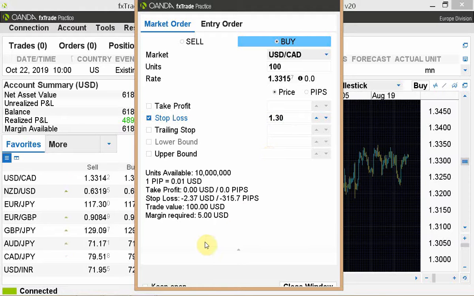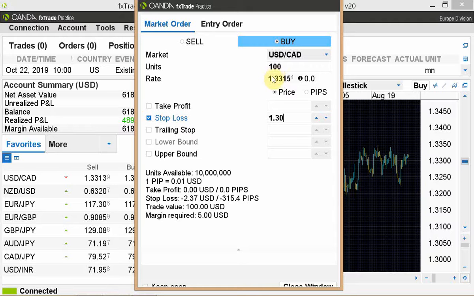Can you see the stop loss of 2.37? They are showing you the profit in 2.37 US dollars, but actually this is not how the profit will be calculated. They are actually doing a conversion in between which they are not showing you.